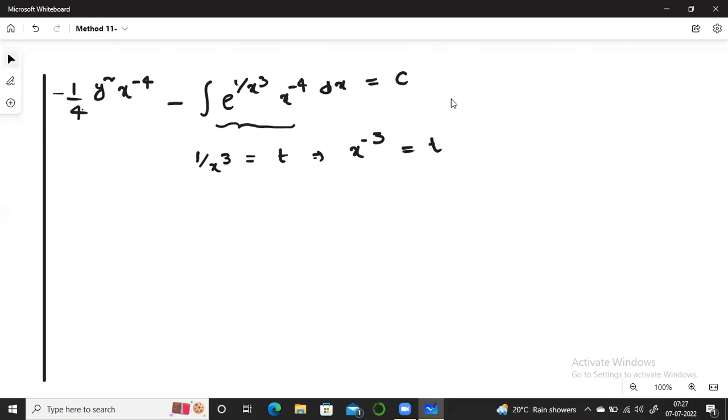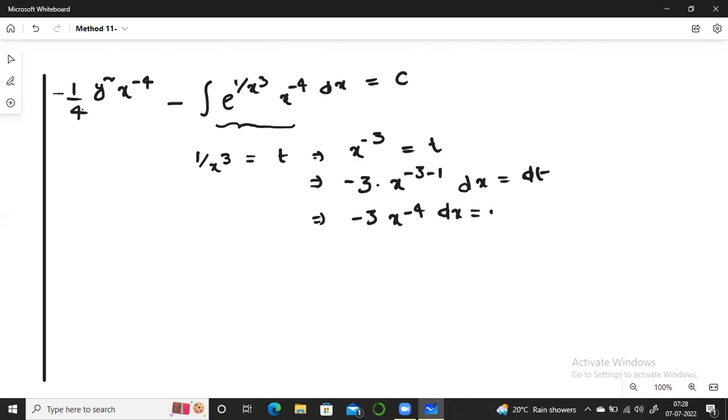Now you differentiate both sides. What will happen? Minus 3, x to the power minus 3 minus 1, dx is equal to dt. See, minus 3, x to the power minus 3 minus 1 means x to the power minus 4 only.